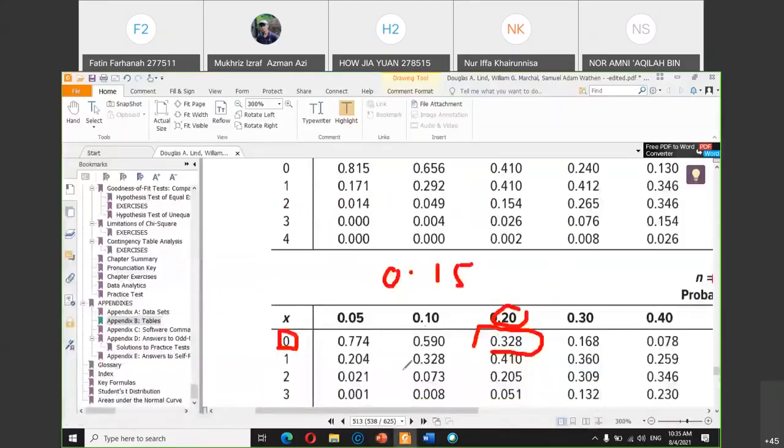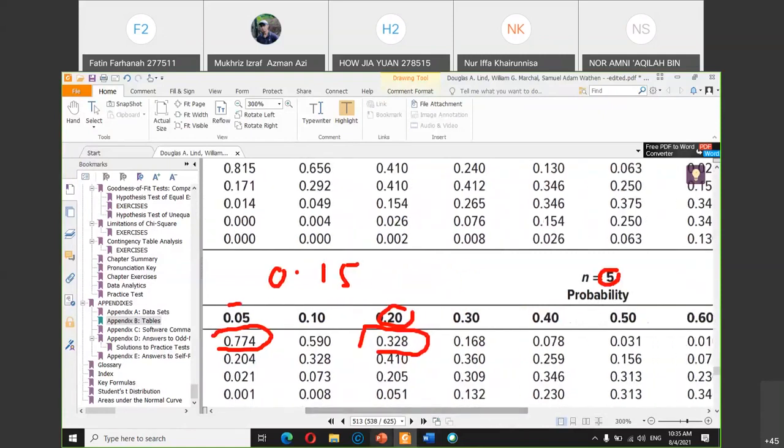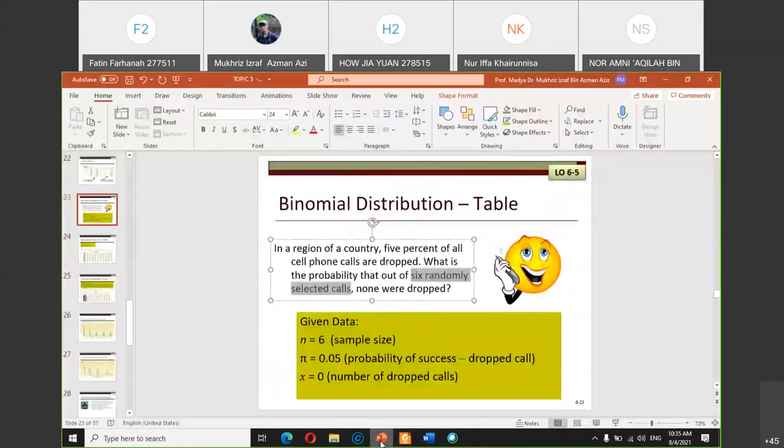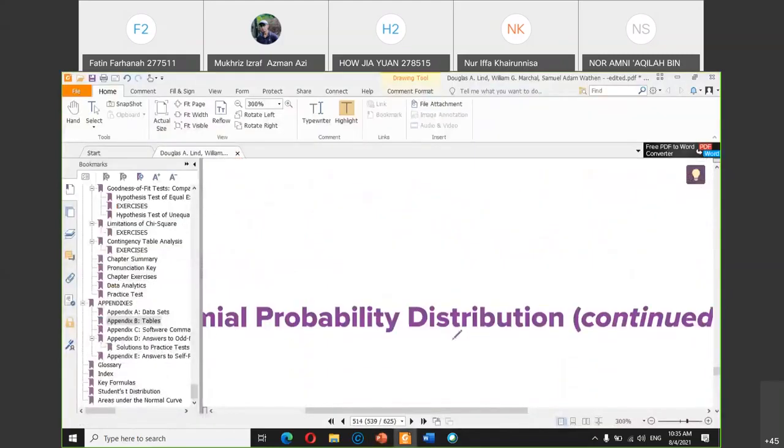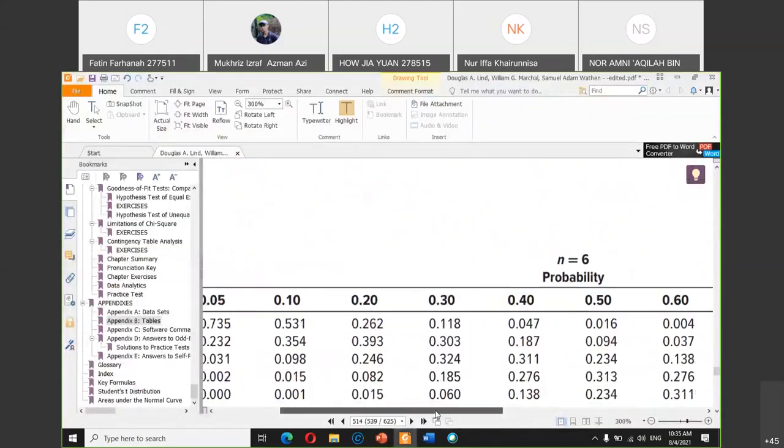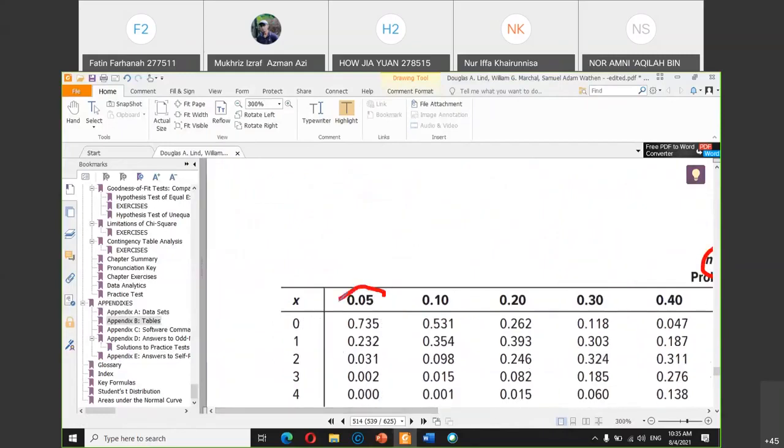If you refer to this, 0.05 is here and P(x equal to 0), then the number of trials will be 6, so we need to refer to n equal to 6 and pi equal to 0.05.